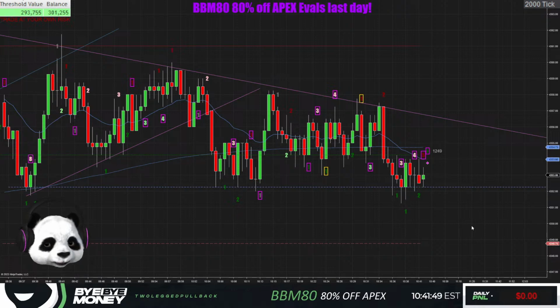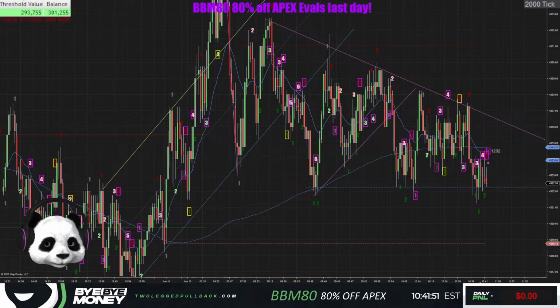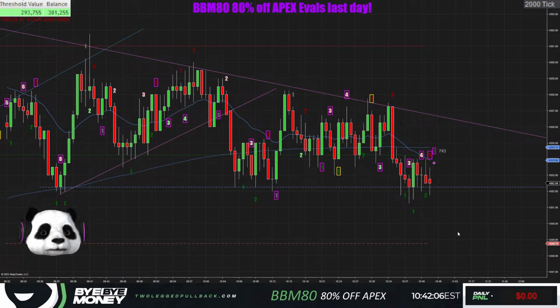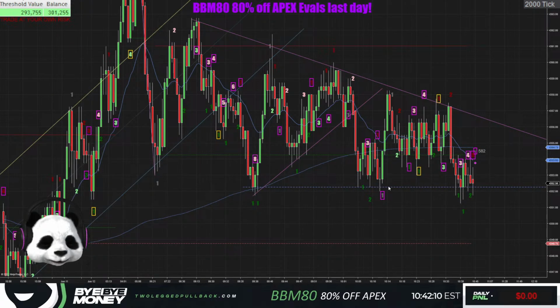You got a second entry short here. Again, maybe a decent setup, but it's so choppy, it's hard to say. You got a second entry short, good signal bar as well. Risk, not too bad, it's a 1-to-1 risk reward ratio. Only problem is it's right at support, which is super frustrating.